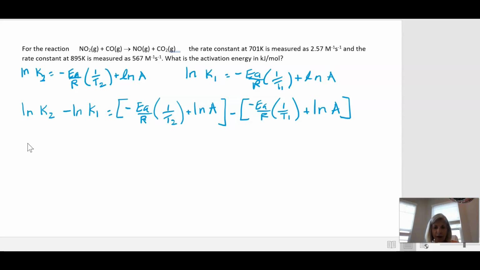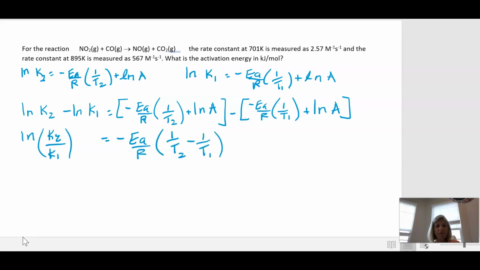So you can see that the natural log of A, subtract natural log of A, that's going to cancel out. And we're going to factor out negative EA over R. And of course, when these are exponents and when we subtract exponents, that means we're dividing numbers.